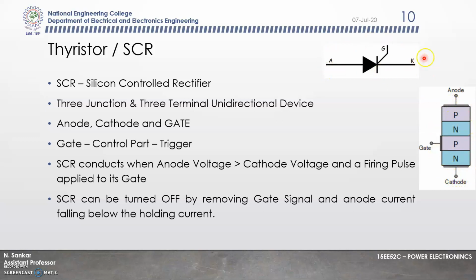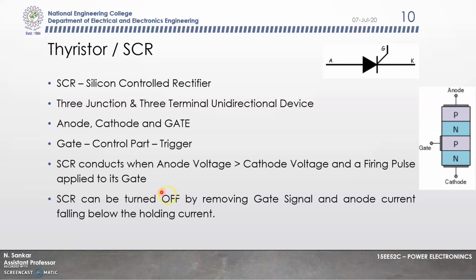This is the circuit symbol for the thyristor. Compared to the diode, we have an extra terminal called the gate terminal. The SCR conducts when the anode voltage is greater than the cathode voltage and you apply a firing pulse to the gate. That's one thing.